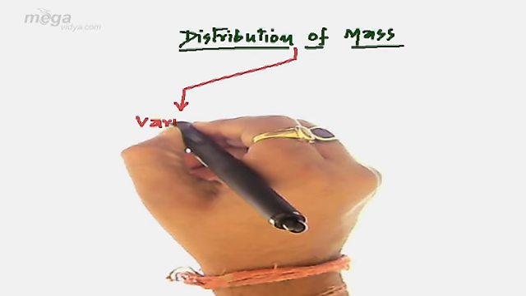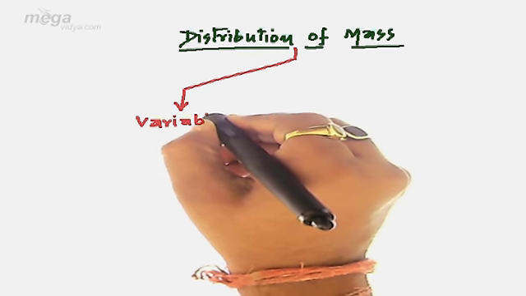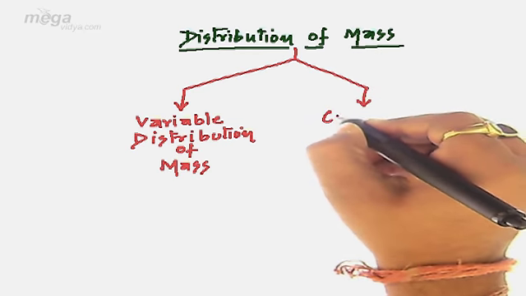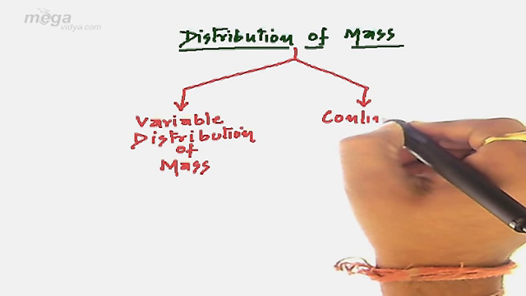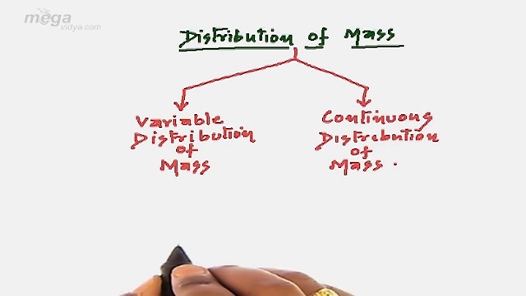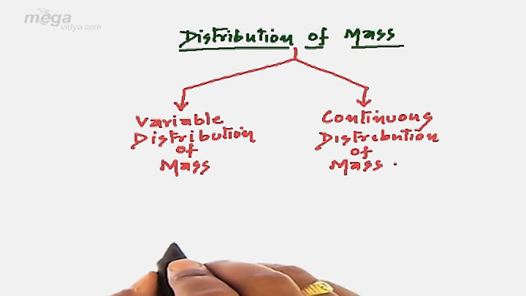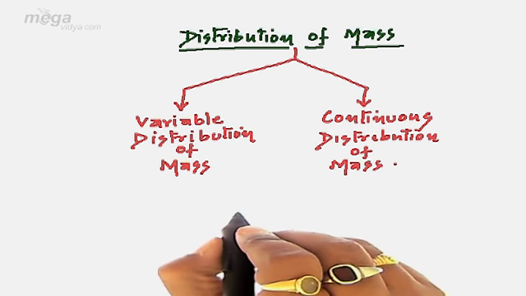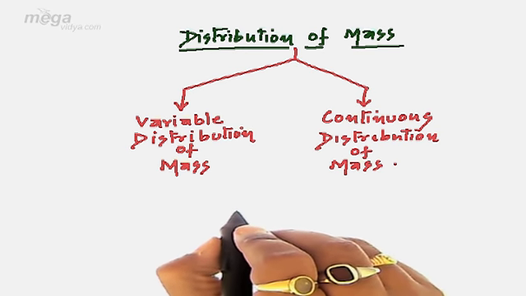The first way is variable distribution of mass, and the second is uniform or continuous distribution of mass. Firstly, let us explain what variable distribution of mass is, and what the value of moment of inertia is for variable mass distribution.